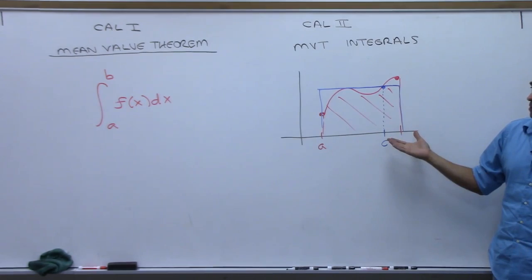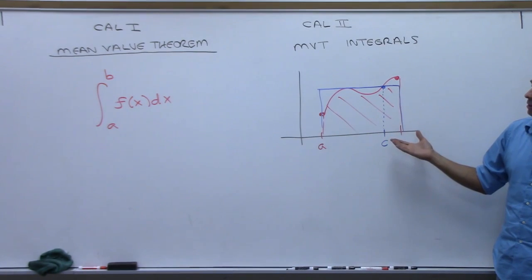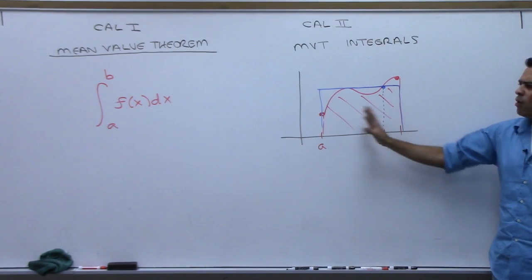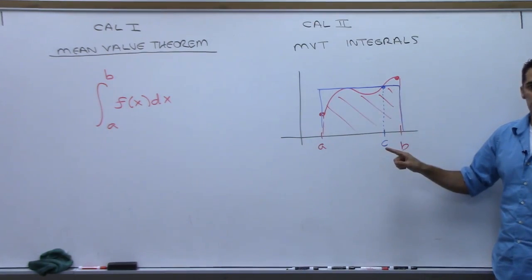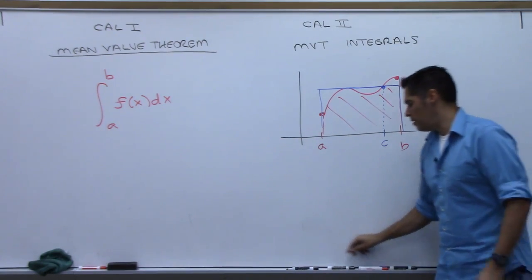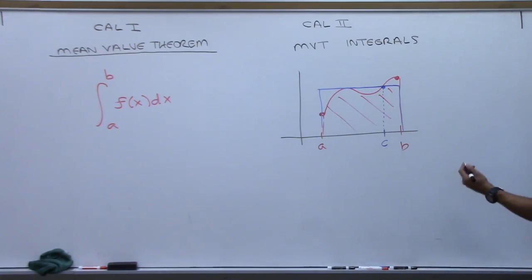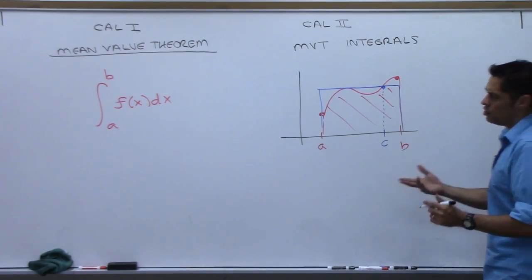Does that make sense? There's got to be somewhere in there where those areas would be equal. How do you find the point, though? That would be a little more challenging, but you could. We're not going to be asked to do it. I just want to show you this.